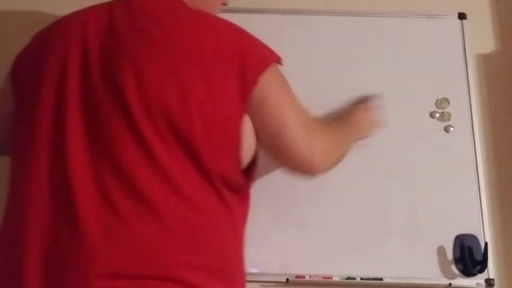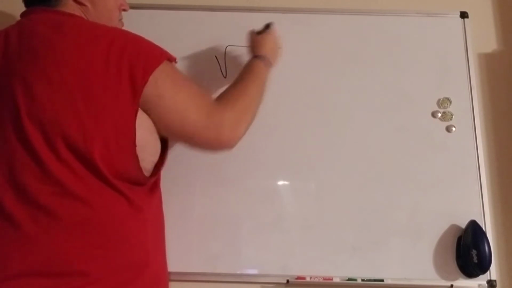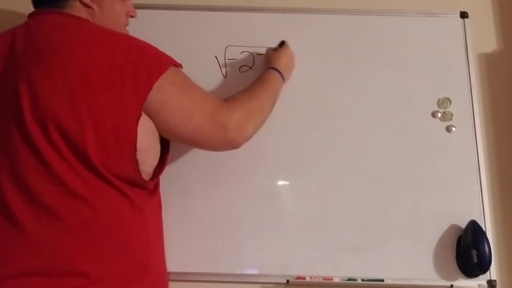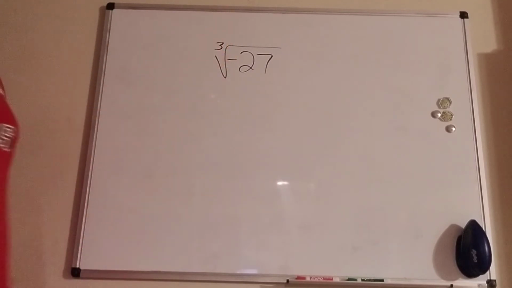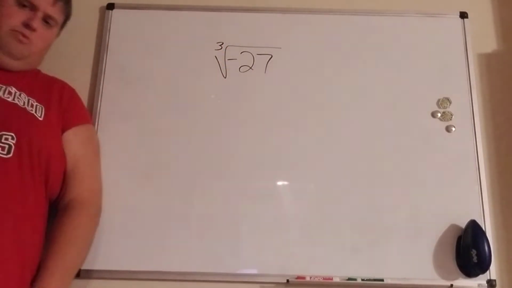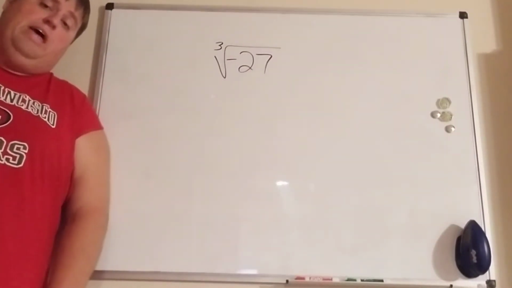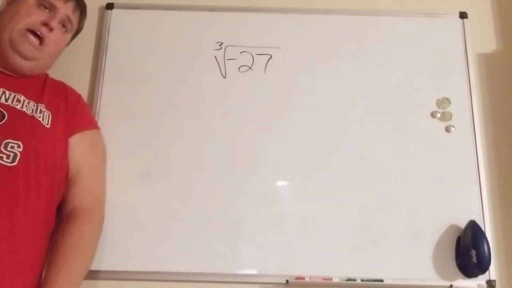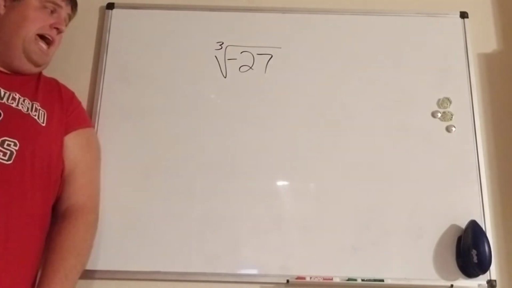Well, a couple things for us. That means I can have something like this: the cube root of negative 27. If you try a square root with a negative on the inside, it's going to give you an error. You're not allowed to do that because there's no way to multiply a number by itself to give you a negative.